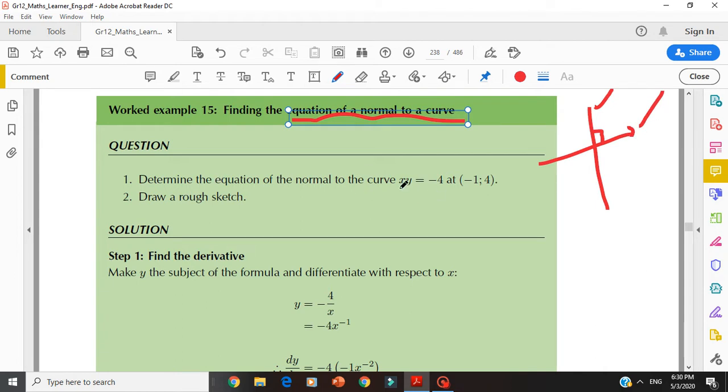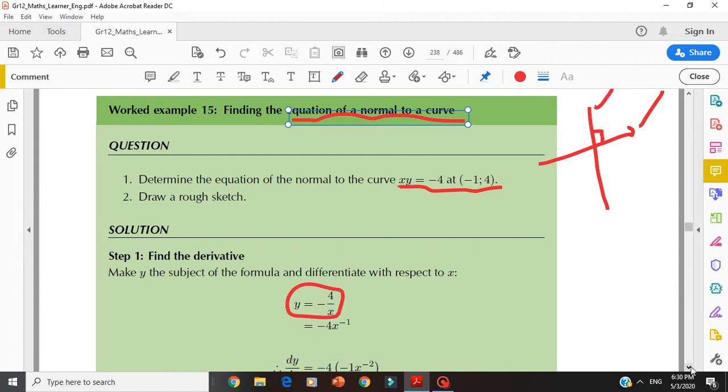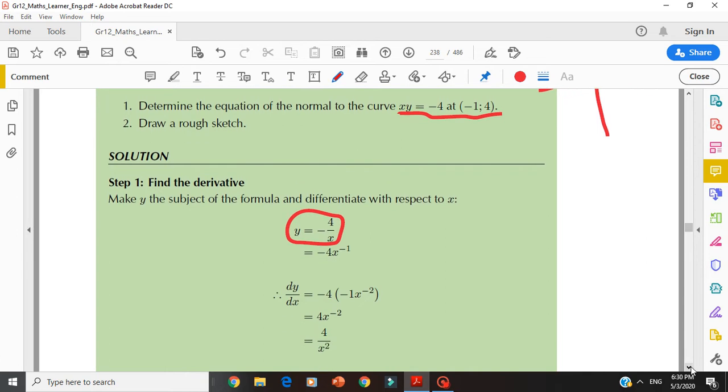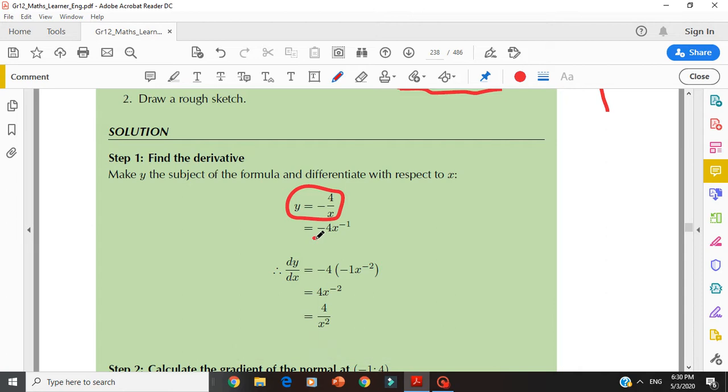So we've got x times y equals minus 4, at the point minus 1 and 4. What I need to do is make y the subject of the formula. In this case, I'm going to get y equals minus 4 divided by x. But I always told you guys that whenever you're dealing with a fraction and x is at the bottom, you write it as an exponent, which is minus 4x to the minus 1.